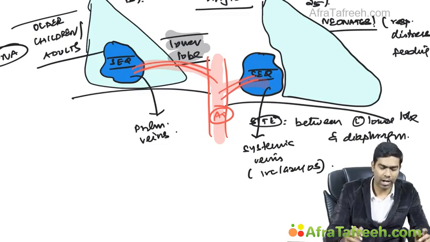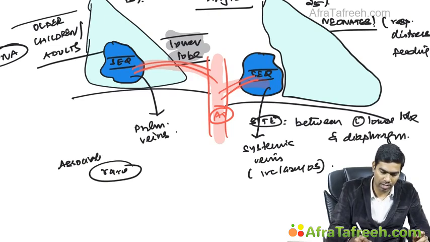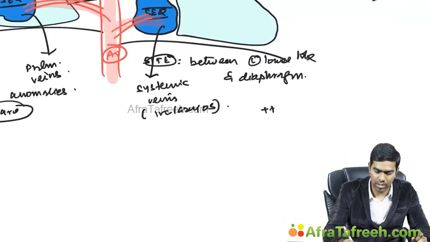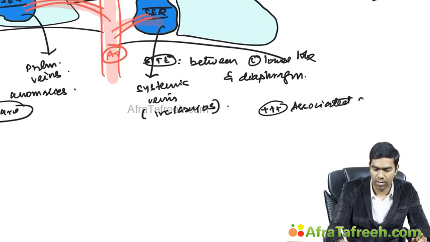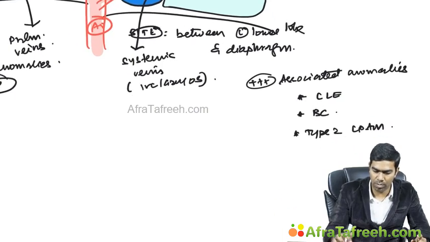And to be honest, associated anomalies are very uncommon, rare. If you ask about associated anomalies, cardiac or any other, they are very rare with intralobar sequestration. But extralobar sequestration very commonly has a lot of associated anomalies. For example, you might have congenital lobar emphysema, a bronchogenic cyst, a type 2 CPAM, which is the second most common type.